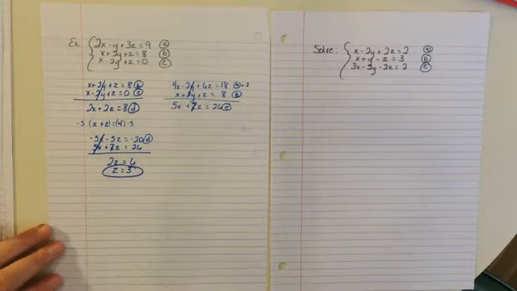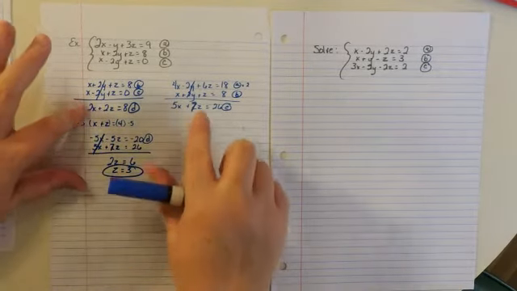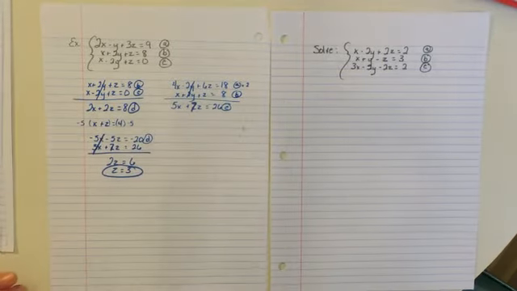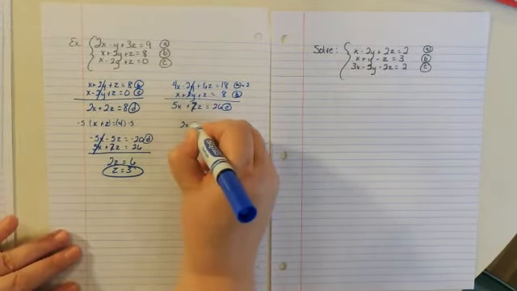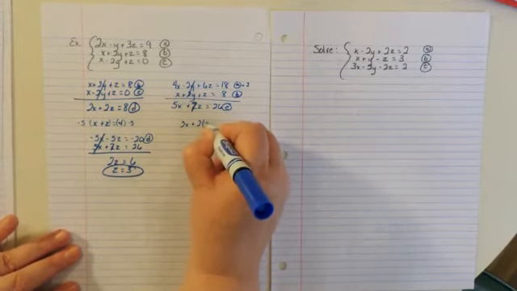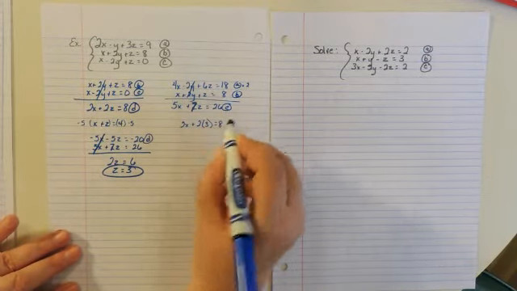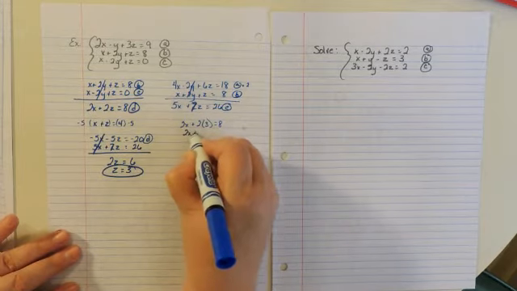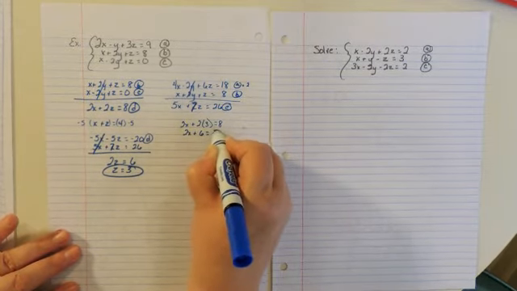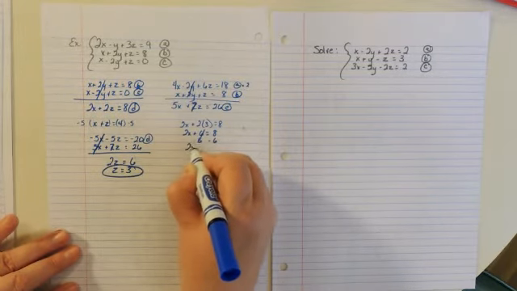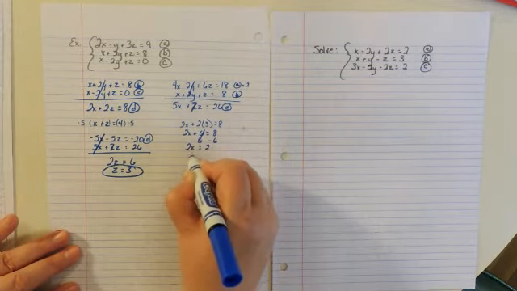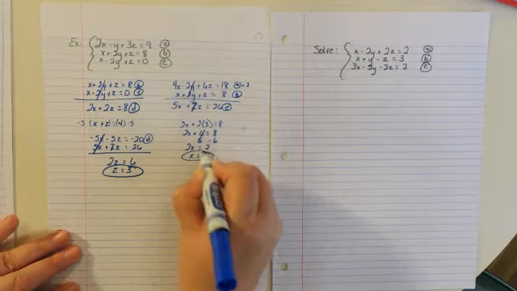Okay? We can put this into both of these and solve for x. So we have 2x plus 2 times 3 equals 8. So 2x plus 6 equals 8. Subtract 6 from both sides. 2x equals 2. So x equals 1.